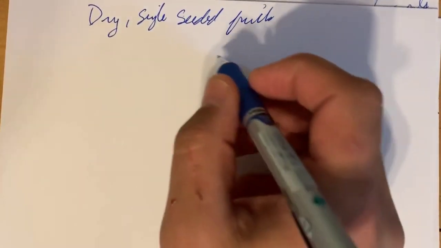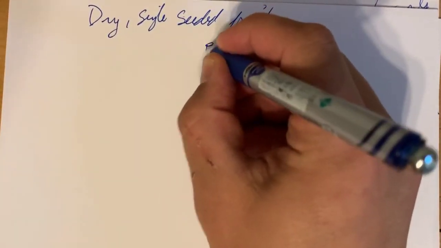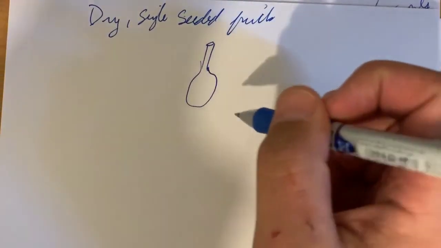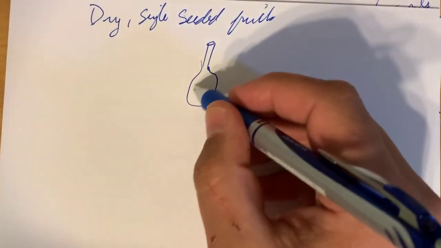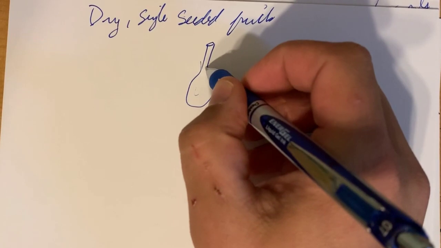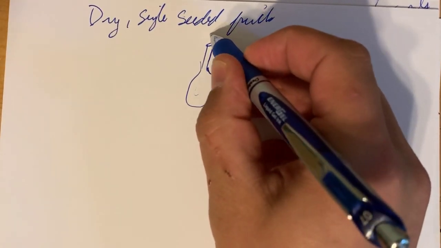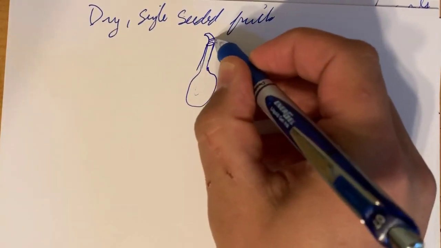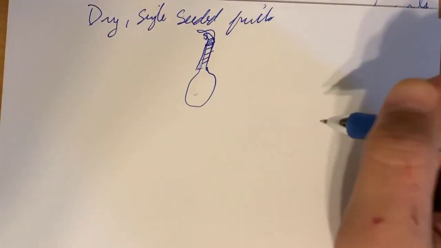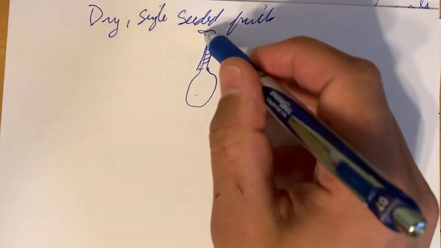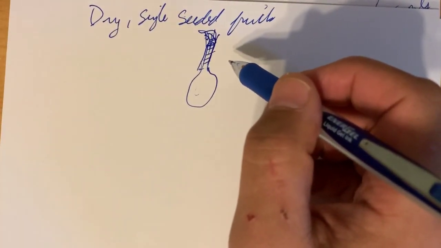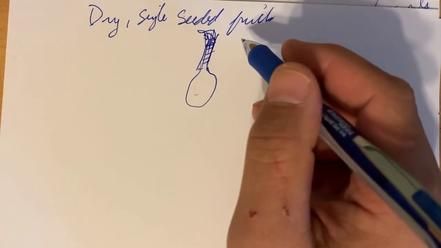But either way, if we think about our standard stigma, style, and ovary here, then what goes on to become that particular fruit is this ovary part. And in fact, these other parts often go on to form other parts of the fruit that can aid with dispersal. Maybe this has a hook shape that sticks to the fur of an animal. Maybe this has some other attribute to it that allows it to be carried away on wind and so forth. And we'll look at these other structures, okay?